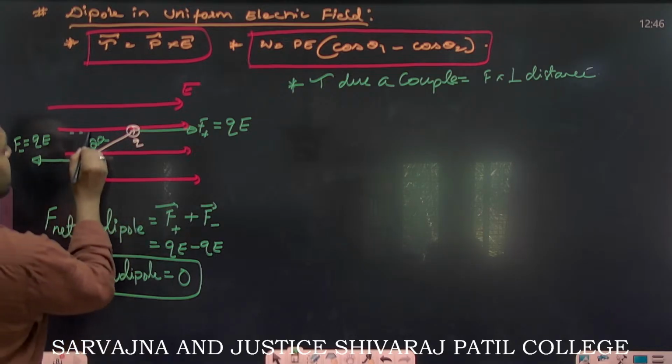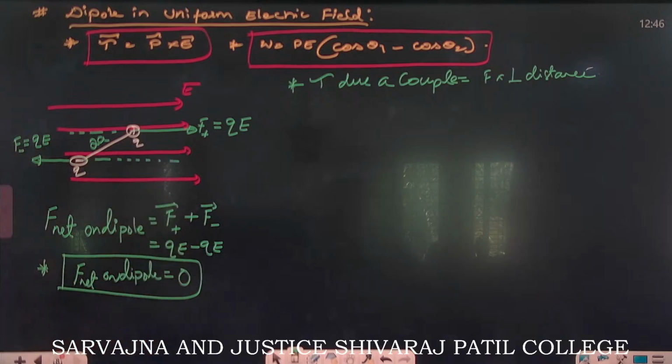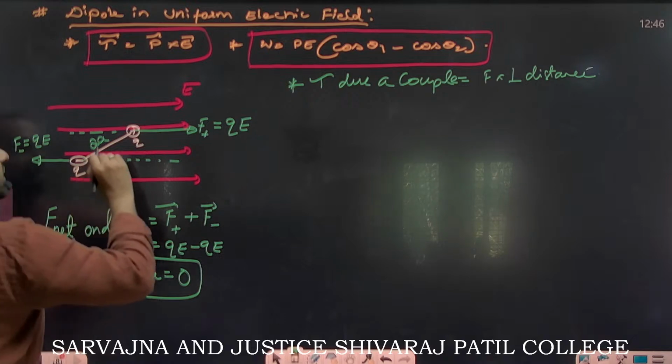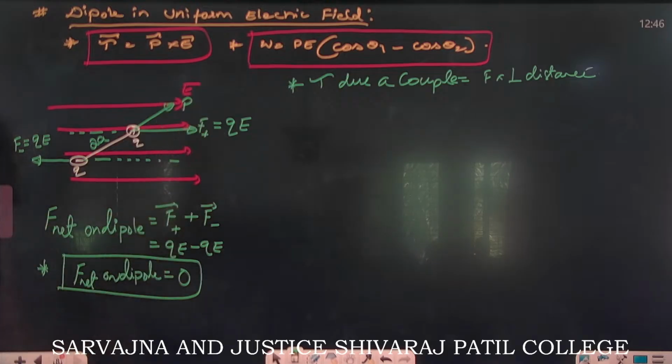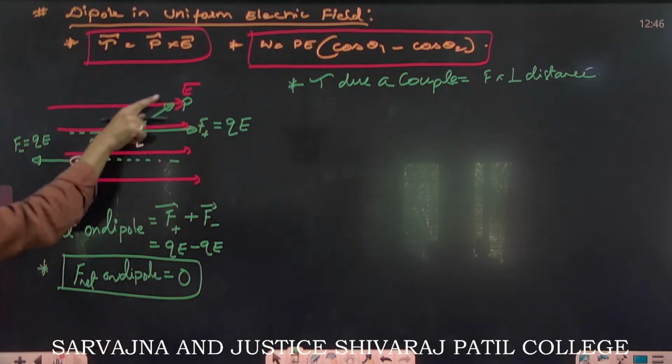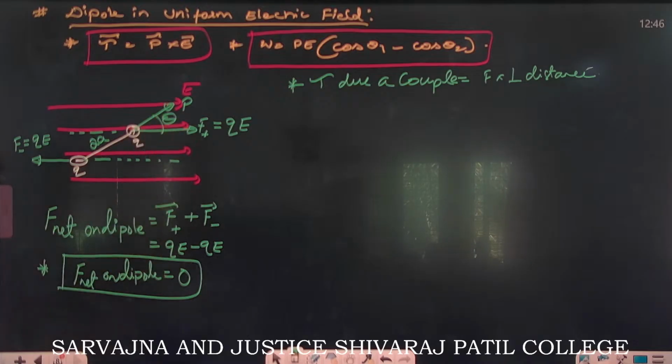So what will be the perpendicular distance between the two forces? How do we find it? This is the direction of the dipole. Yes sir, from minus to plus, this is the direction of the dipole. I will take this angle as theta.